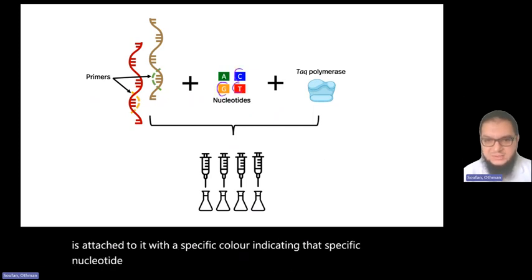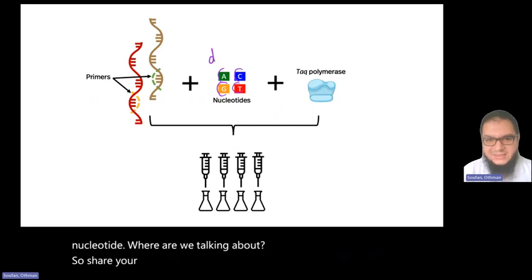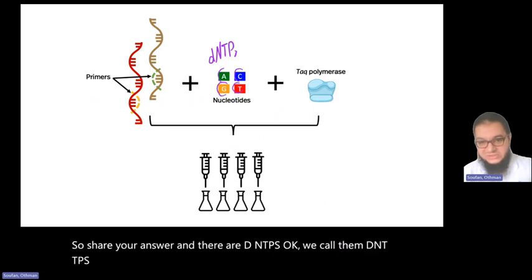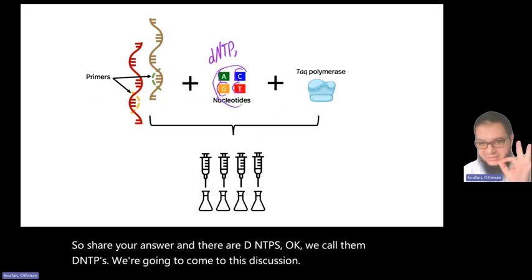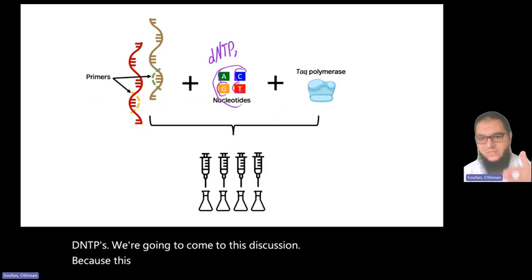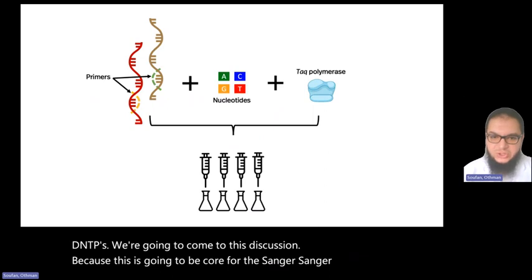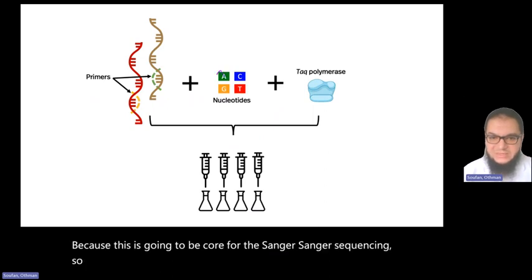What are we talking about? Share your answer, and they are dNTPs. We call them dNTPs. We're going to come to this discussion because this is going to be core for the Sanger sequencing. So now dNTPs will also be put in every single tube.